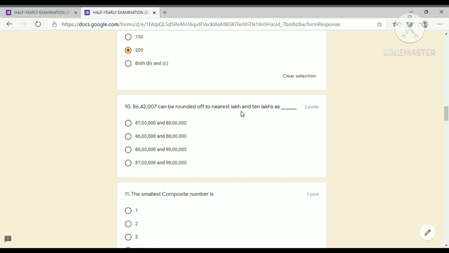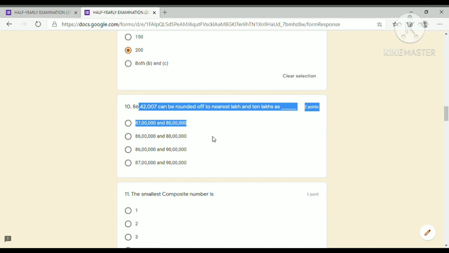And in order to round off to the nearest 10 lakh, we check the digit at the lakh place. Now what is the digit at the lakh place? The digit at the lakh place is 6, which is greater than 5. If it is greater than 5, then the digit at the 10 lakh place increases by 1, and the rest of the digits become 0.